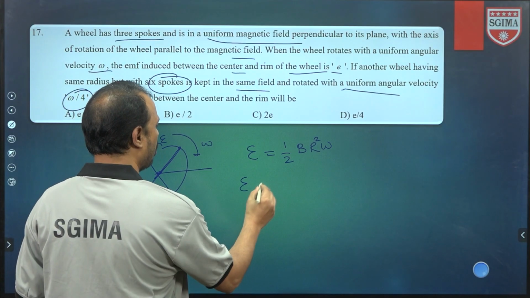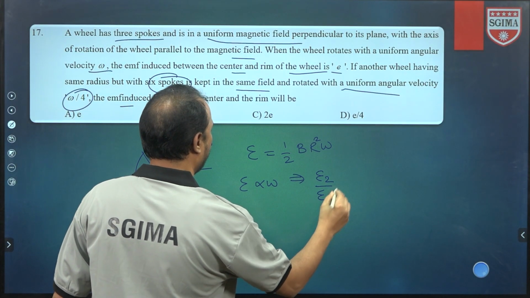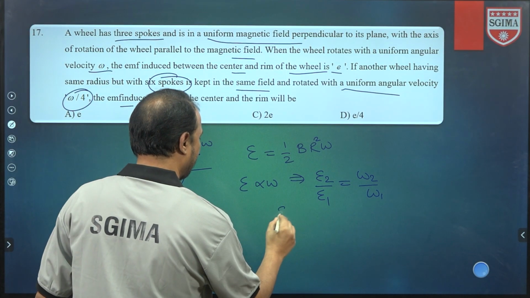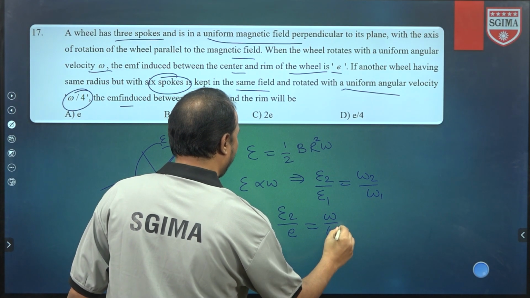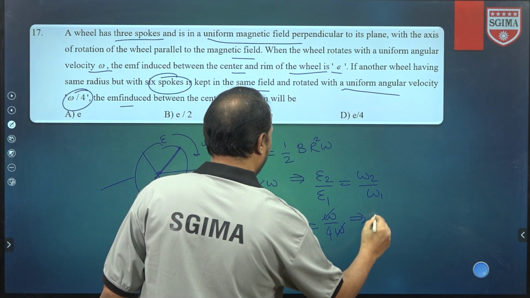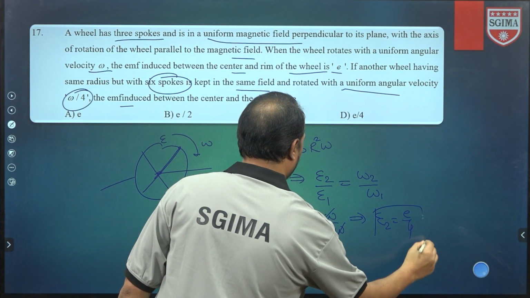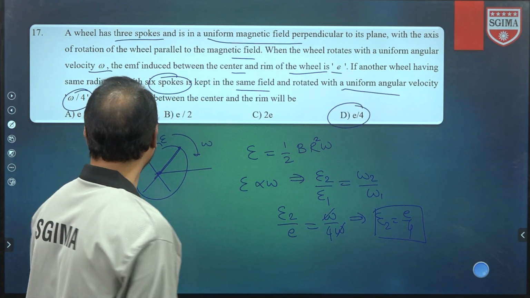So E is proportional to omega, E2 by E1 equals omega 2 by omega 1. Asking for the final EMF, and omega is omega by 4, so the final EMF you will get is E by 4. So E by 4 is nothing but the fourth option. Okay.